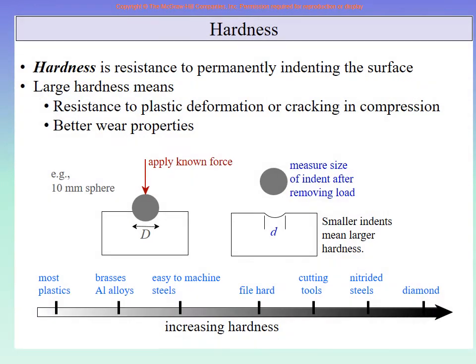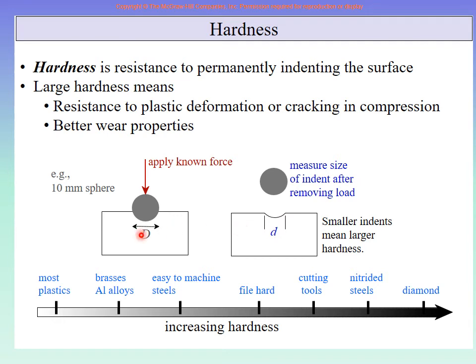So here we are showing you, for example, there is a sphere, there is a ball. You apply a force of a known amount and you know the diameter of the ball. Then you remove it. Once you remove it, it has made some indentation. Measure the diameter of the indentation, that is the small d.